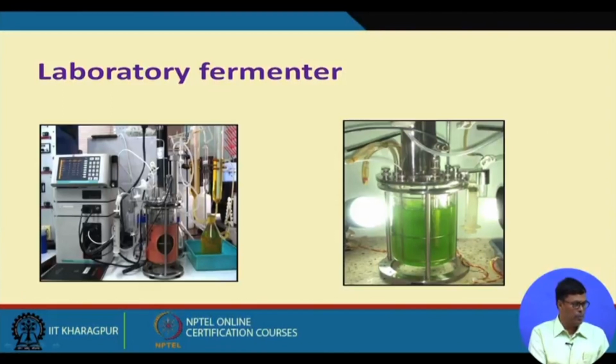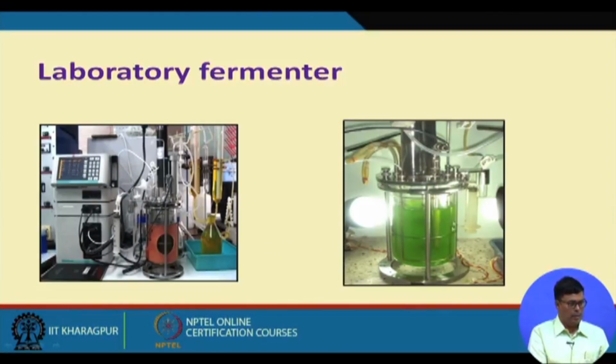This is the New Brunswick fermenter, with its control module and the fermenter. We have different parameters listed here. You can easily visualize the values of the different parameters, and record the change of the parameters online, which is very important for our research purpose.